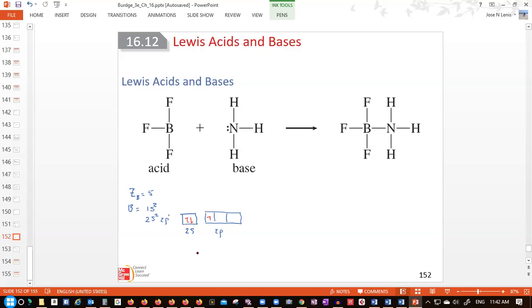According to this ground state energy distribution for boron, boron will be able to make only one bond, but there's hybridization of orbitals here.